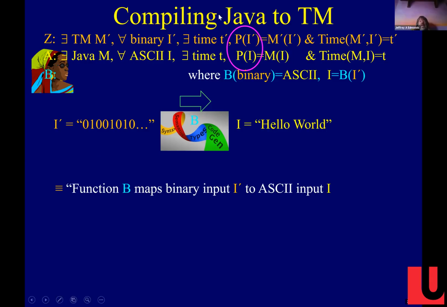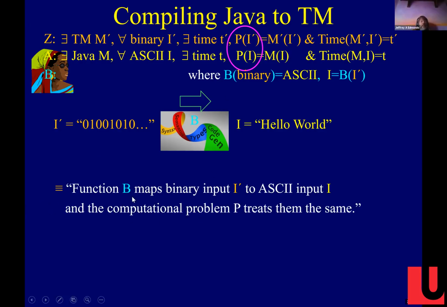So what do we want to say? We want to say that this computational problem doesn't care whether you give it binary or ASCII. So the computational problem treats them the same. Here we're going to say the required output of computational problem P, when you give it a binary string and when you give it the equivalent ASCII string, is going to require you to give the same answer, right?